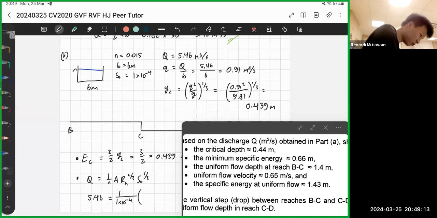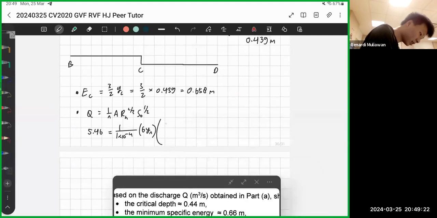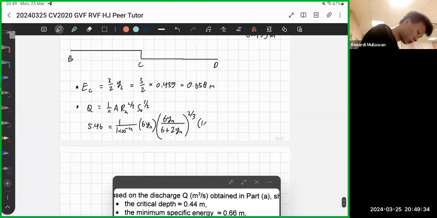This should be YN, so the area is 6YN, and the perimeter is 6 plus 2YN. Correct, so this times S0, 1 times 10 to the power -4.